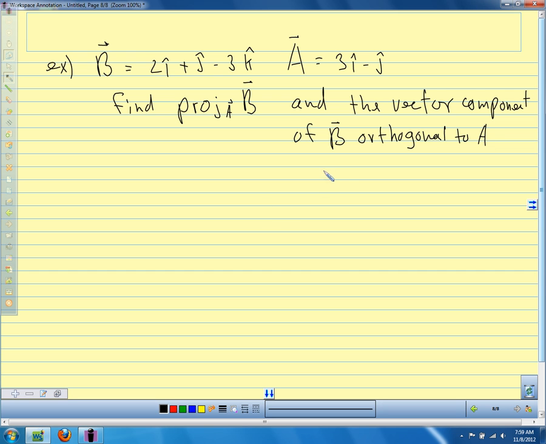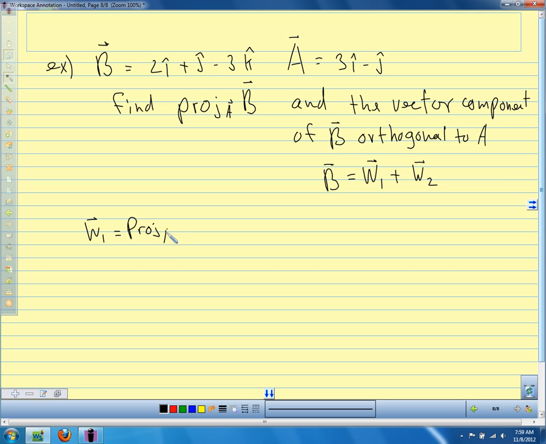So what we're saying here is that vector B is our two components, W1 plus W2, one that's parallel to A and one that is orthogonal to A. So W1, our component that's parallel to A, is the projection.